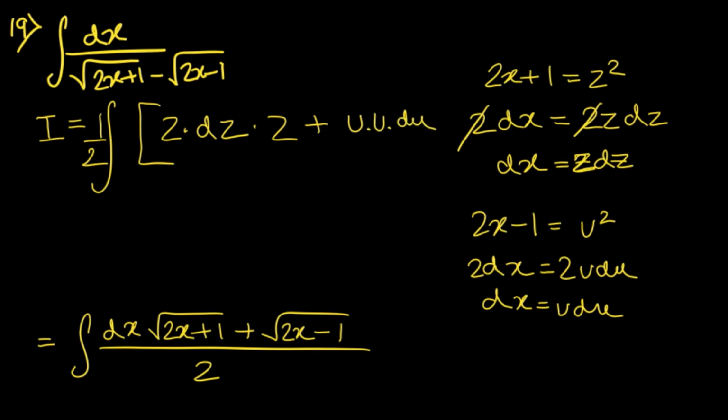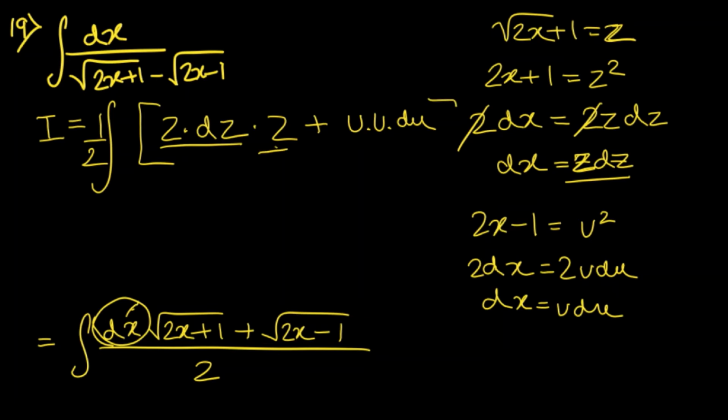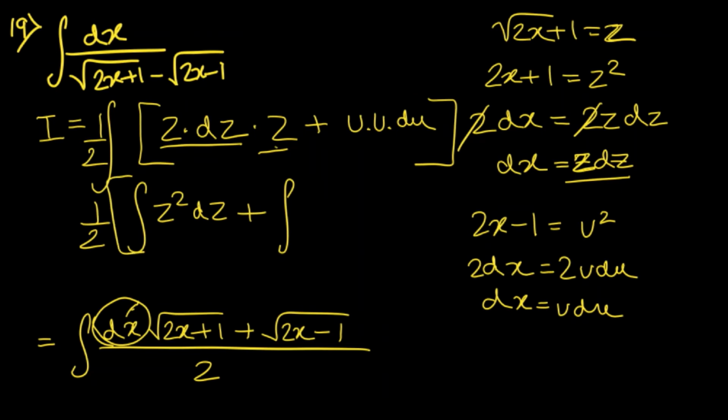See, 2x plus 1 is z square, so root 2x plus 1 will obviously be z, so we are adding z here, and we are writing this dx term as z dz, so z dz for this dx term and z for root 2x plus 1 writing. So half integration of z square dz plus integration of u square du.